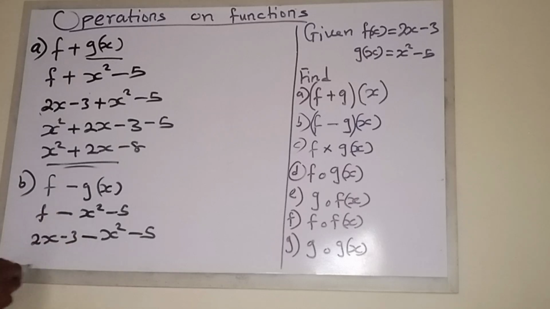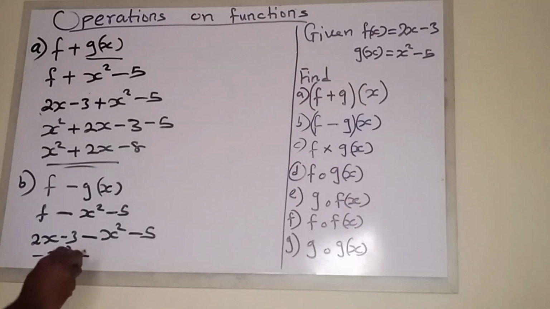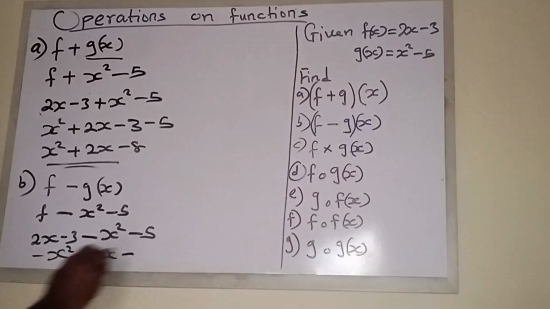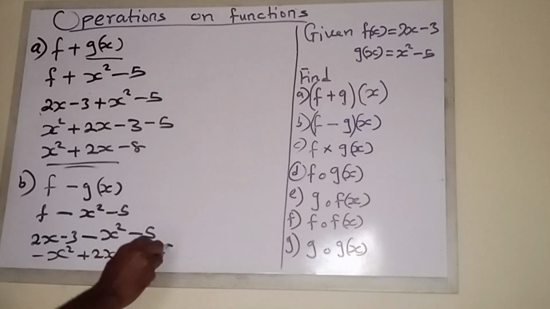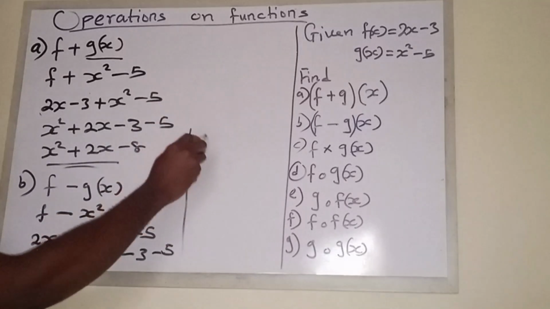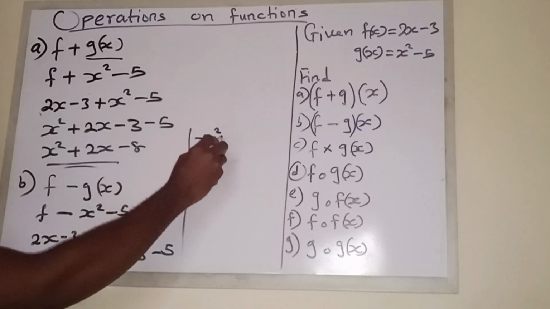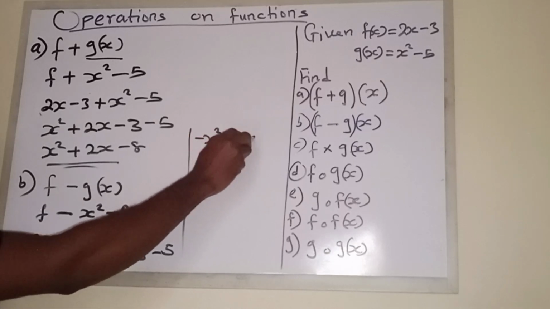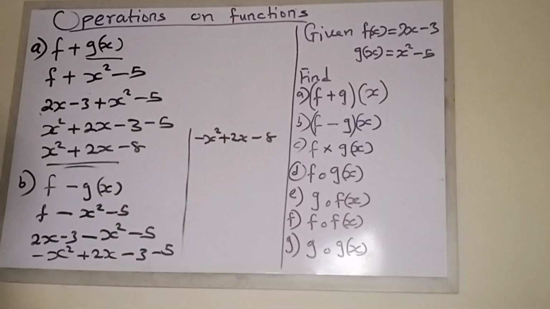So when we collect like terms the same way, we're going to have minus x squared plus 2x minus 3 minus 5. Finally, we have minus x squared plus 2x minus 8.